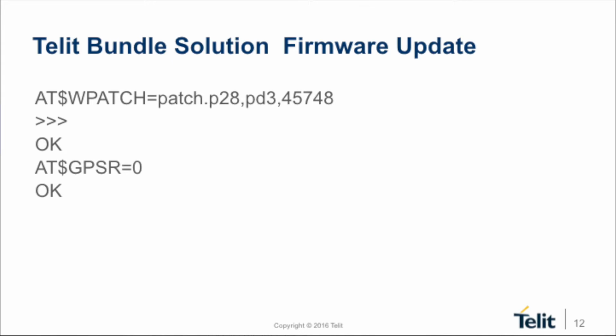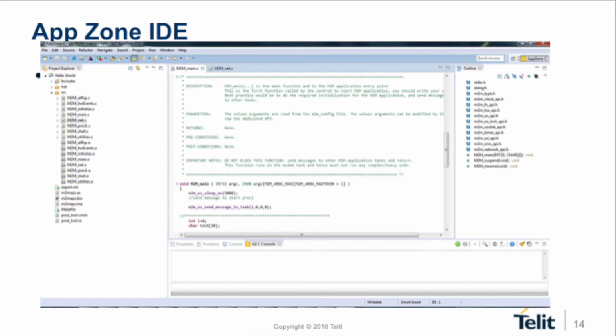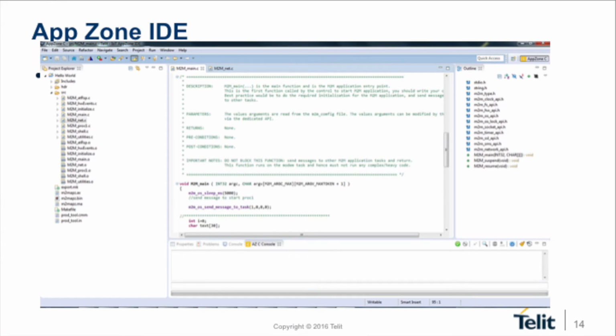Another advantage of using the modem is that it's got user code, and I know some customers have already implemented situations where they've used the user space on the modem and written their own application either in Python or C. What I wanted to show was building an application using AppZone, where you can build an application using the AT commands that we have embedded for extended ephemeris generation, and all this will be done transparently to the user.